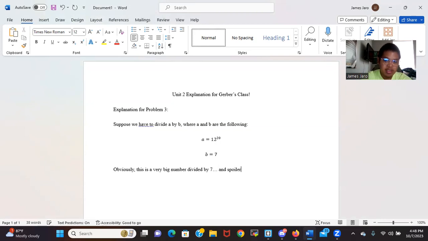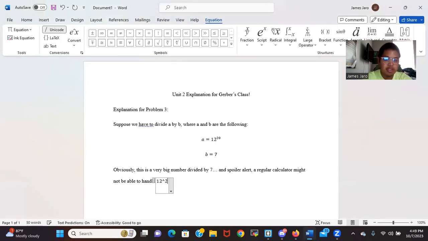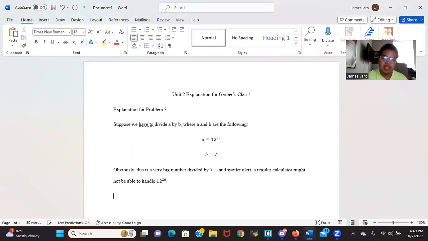And spoiler alert, a regular calculator might not be able to handle 12 to the 20th, which is a little bit of a problem because you kind of need to know what 12 to the 20th is, at least in theory. So the question is, we have to divide A by B and find the remainder, and we're going to assume A and B are the following.